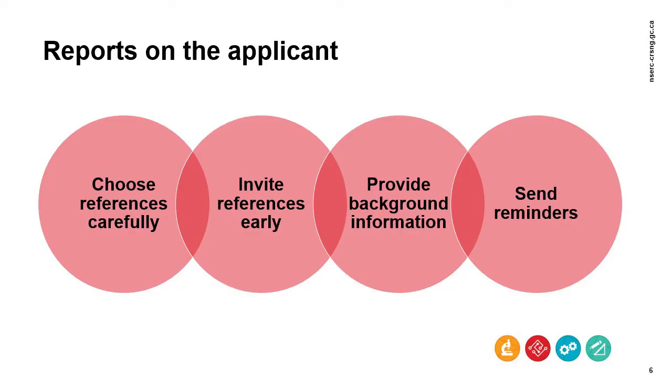Provide background information. While your references know you well, it is unlikely that they keep a comprehensive list of your accomplishments on file. In order to make their lives easier, and to help them deliver the strongest possible report on the applicant, you should provide them with a summary of your accomplishments.